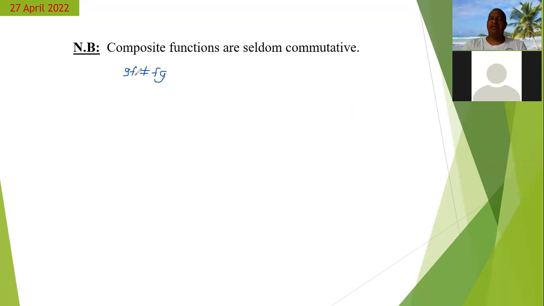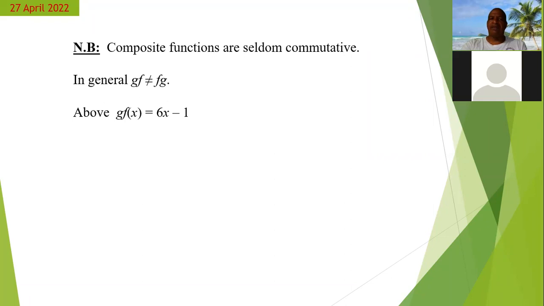If you say gf of x, it's not generally the same as fg of x. All right, and you would have seen it from the two examples that we worked first, because we get two different functions when we finish simplifying. So this is what that means. In general, gf of x does not equal fg of x. Now it can happen, but it is seldom.